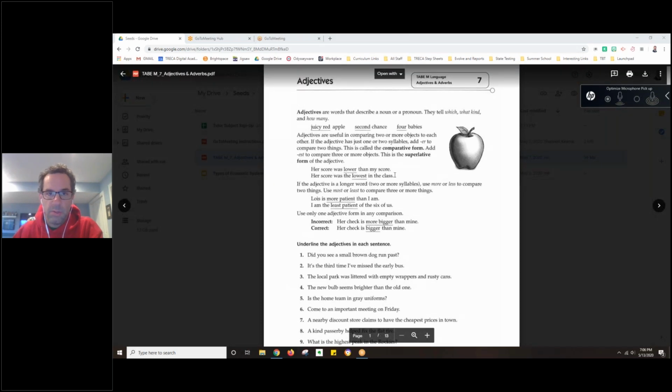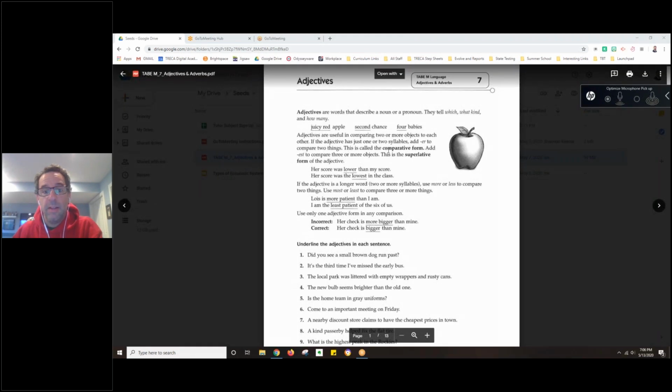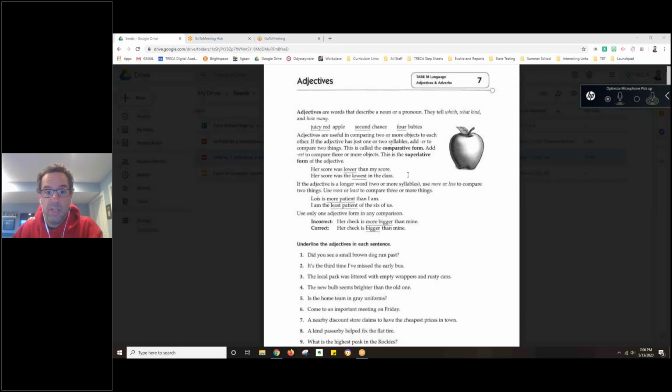So then another just brief instruction here is that adjectives are used in comparing 2 objects. And there's a couple rules. The first one is if it has 1 or 2 syllables, you add ER, and it's called the comparative form. That one is kind of easier to remember because it has the word compare in it. So you're comparing 2 things.